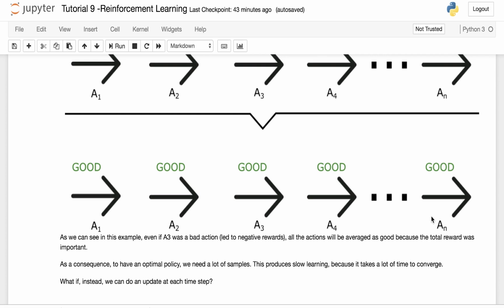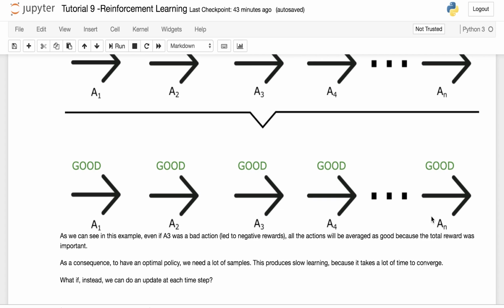Because we have some bad actions, we need more steps to get a good policy. So we can conclude that a policy gradient algorithm may need more time than desired.